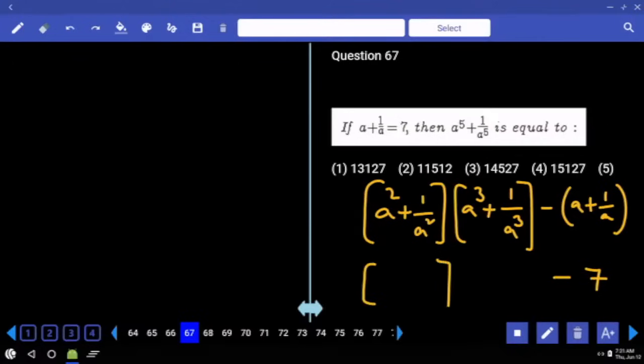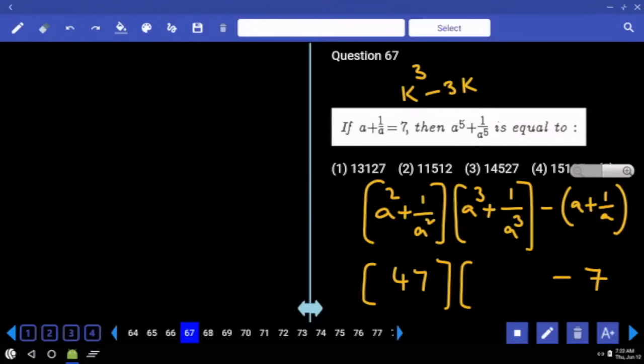Square value. If this is k, a square plus 1 by a square is k square minus 2, so 49 minus 2 is 47.